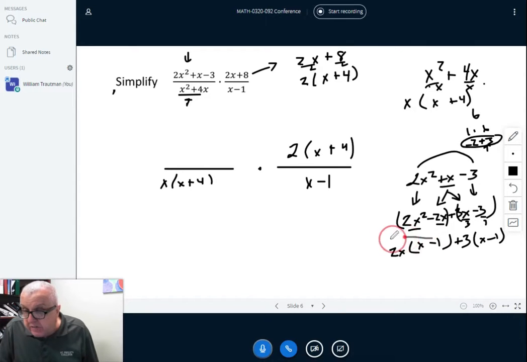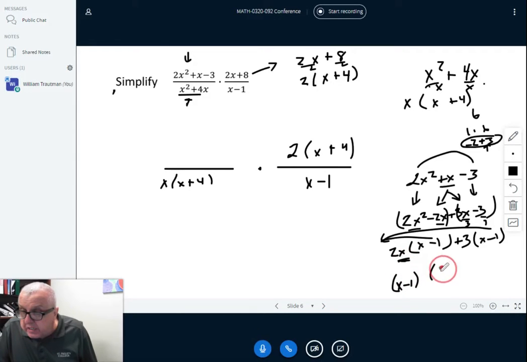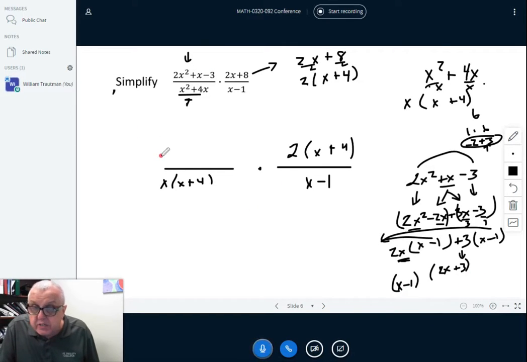So now I'm going to factor out the x minus 1 in front. And what's left over is 2x plus 3. So 2x squared plus x minus 3 factors to x minus 1 and 2x plus 3.